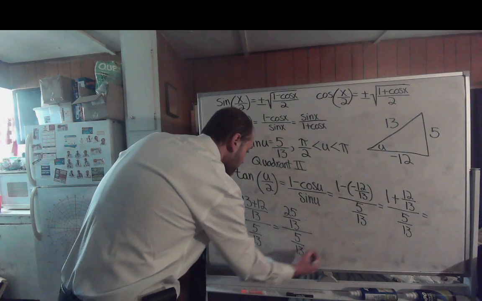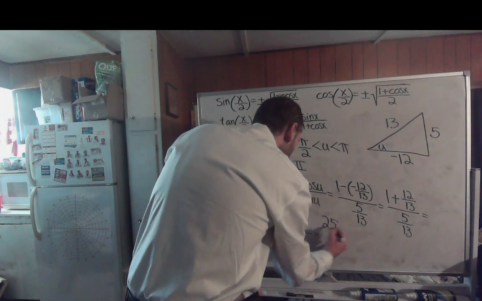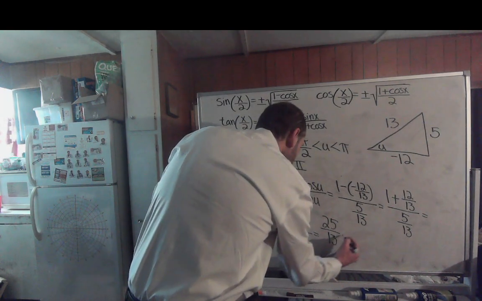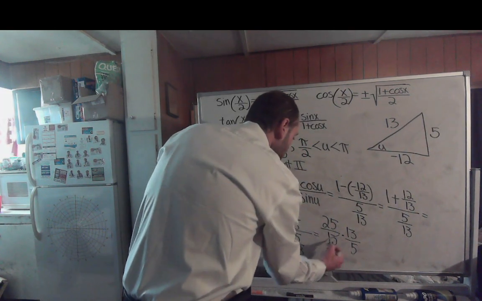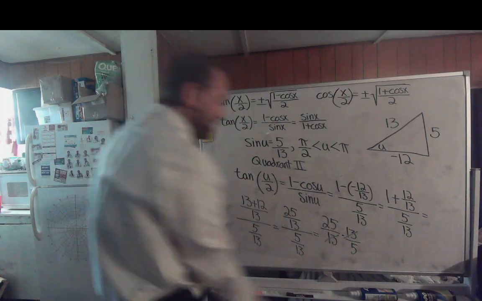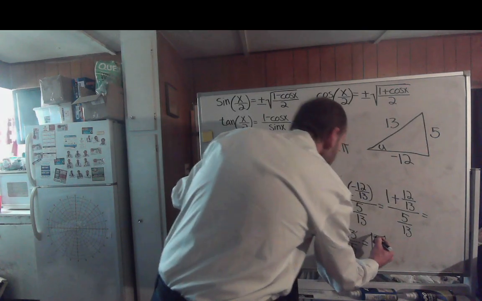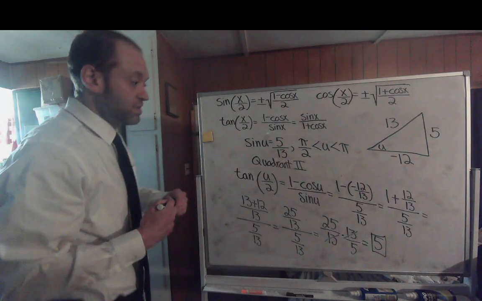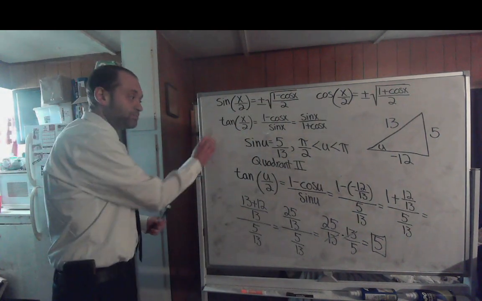Let's just invert and multiply now. You'll get 25 over 13 times 13 over 5. Well, what do you know? The tangent of u over 2 would literally just be positive 5. So the tangent of u over 2 ends up working out to be positive 5.